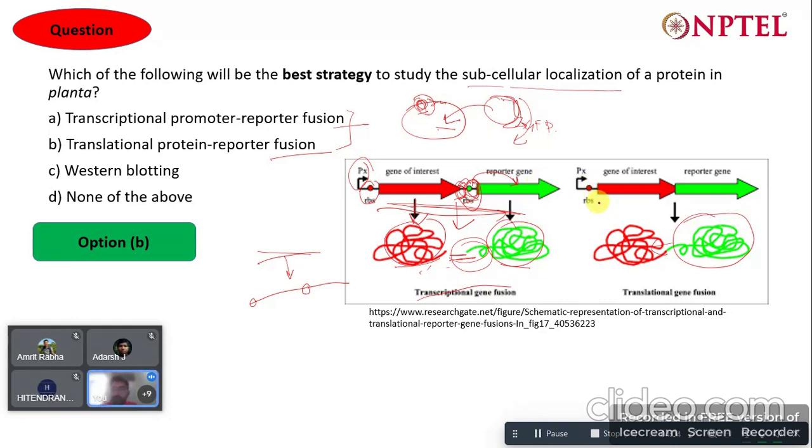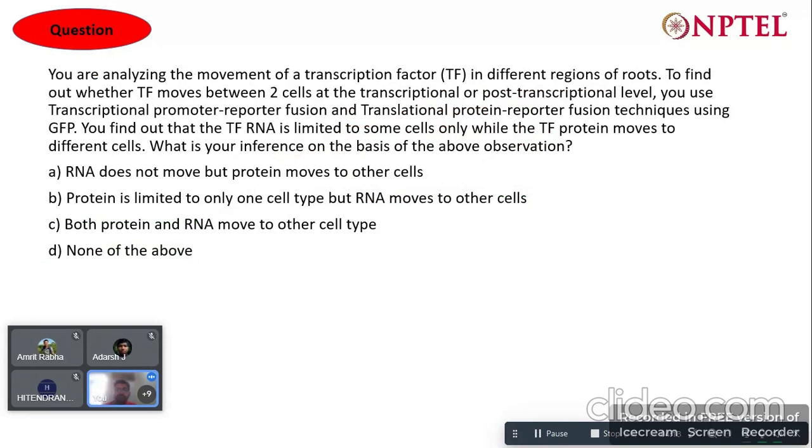So any more doubts? Now, whatever your doubt is, it will be cleared by the next question. So the next question says you are analyzing the movement of a transcription factor in different regions of the roots, to find out whether the transcription factor moves between two cells at the transcriptional or the post-transcriptional level.